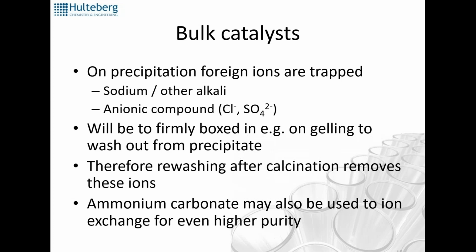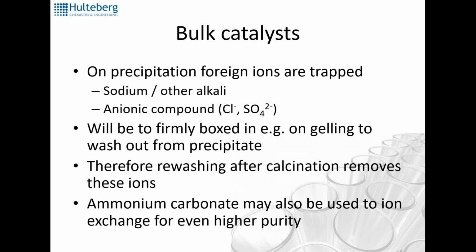So when we do the precipitate, if there are contaminants in the starting chemicals, these will end up entrapped inside the gel or the precipitate, and those foreign ions can be sodium, other alkali metals, but also anionic compounds like chlorides or sulfates, and they will be really firmly boxed in on this gelling. It's really difficult to wash them out from the precipitate, and therefore it's actually quite common to do a rewashing after the calcination to remove these ions.